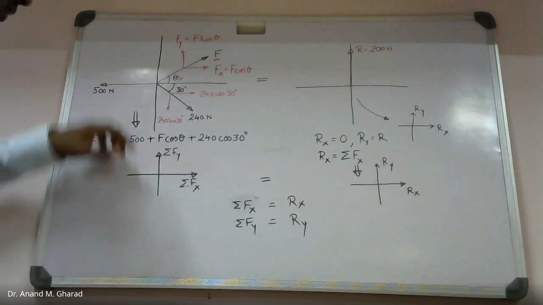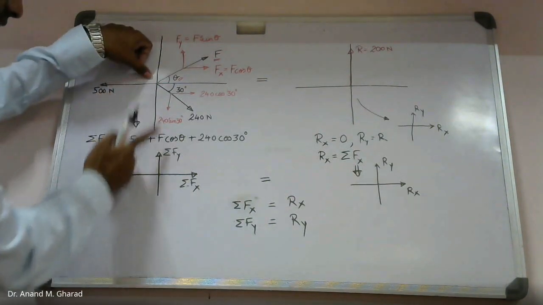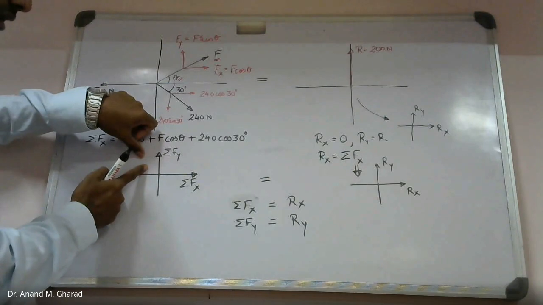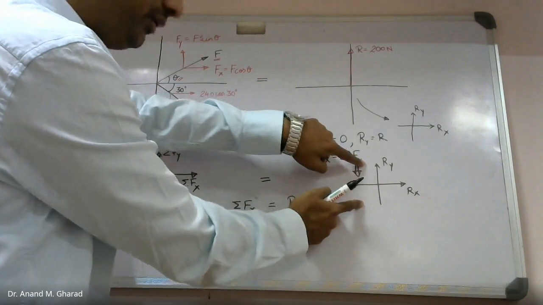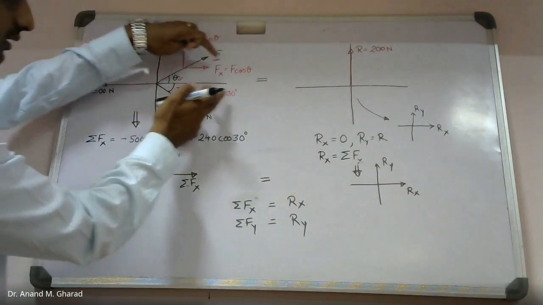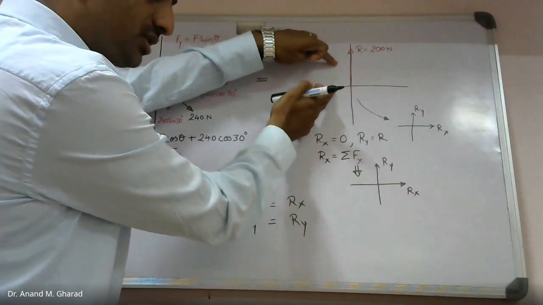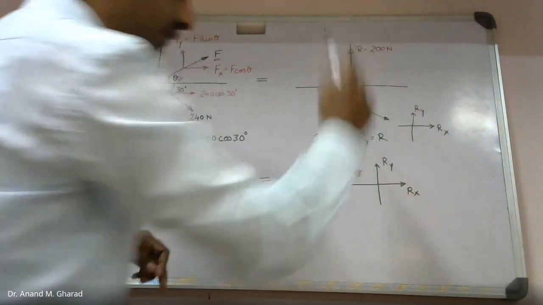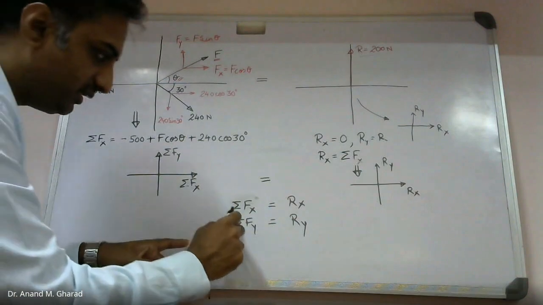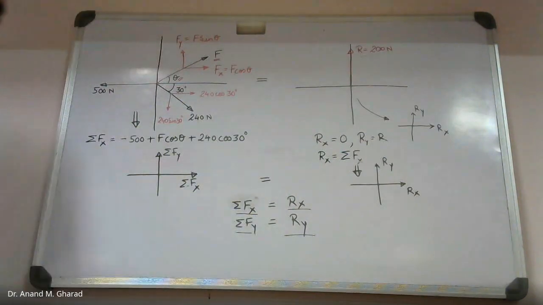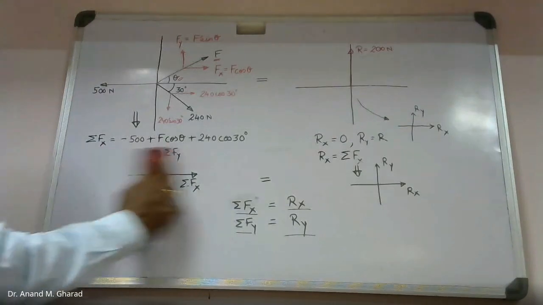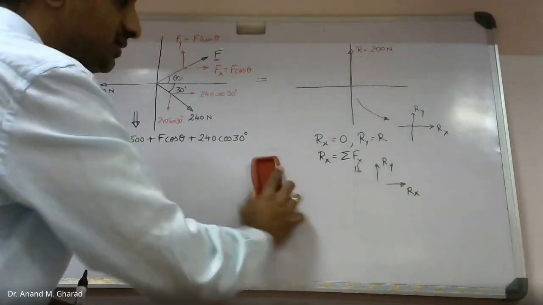Yes, sir. Okay. So what you need to understand is this force system is represented in this manner. However, this force system is equal to this force system, which is nothing but the resultant. Hence we can say that summation of force in x direction equals Rx and summation of force in y direction equals Ry. I hope this is understood.